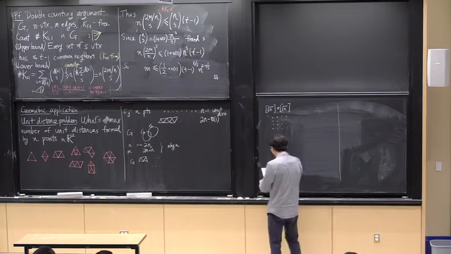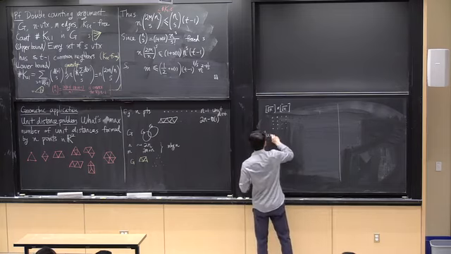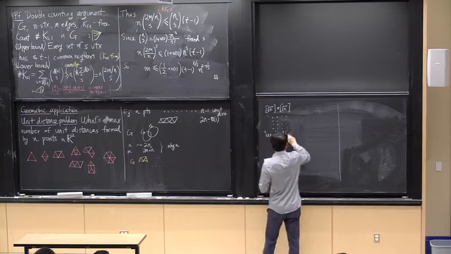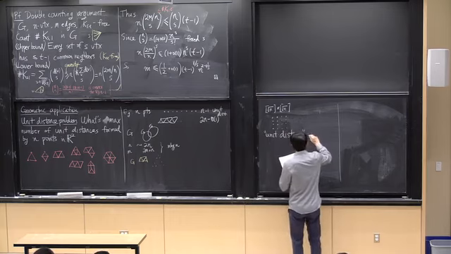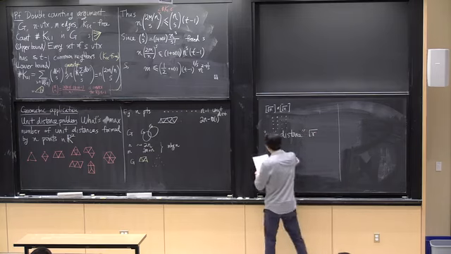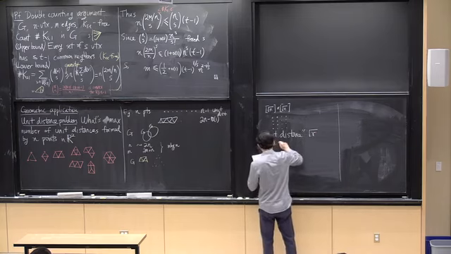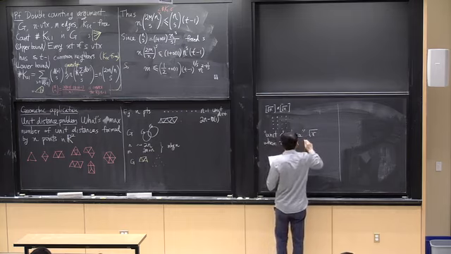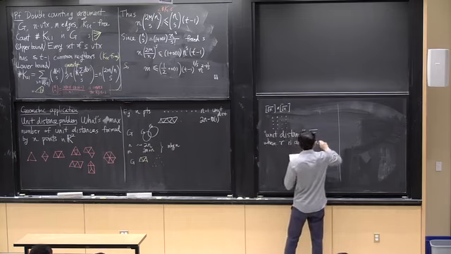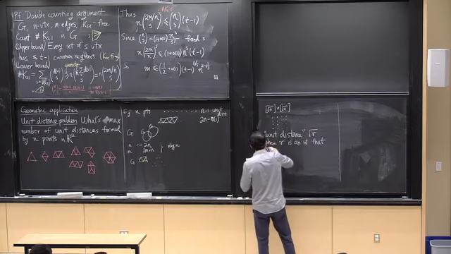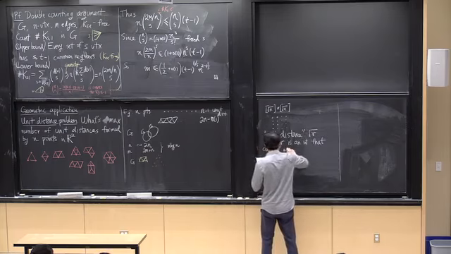So let's take the unit distance to be a distance root r, where r is some integer that can be represented as a sum of two squares in many different ways.